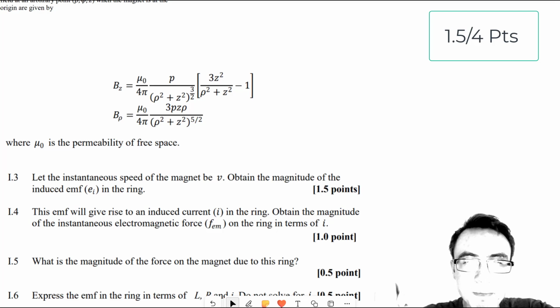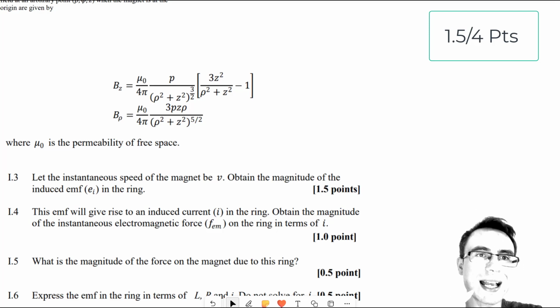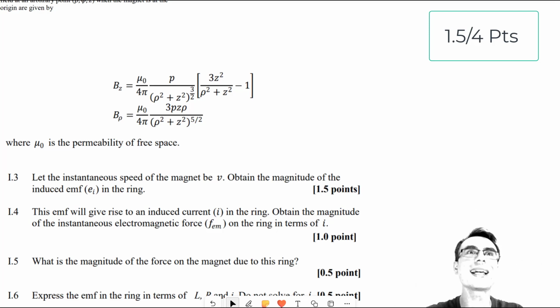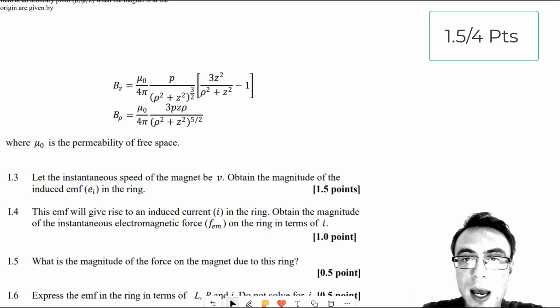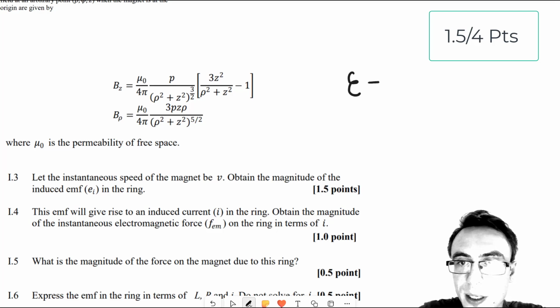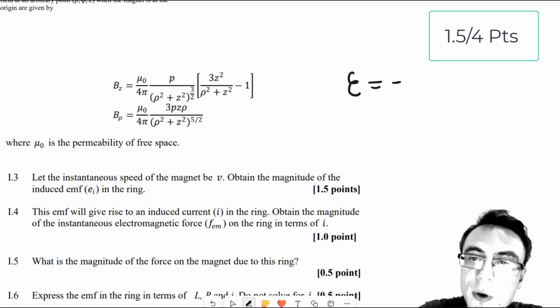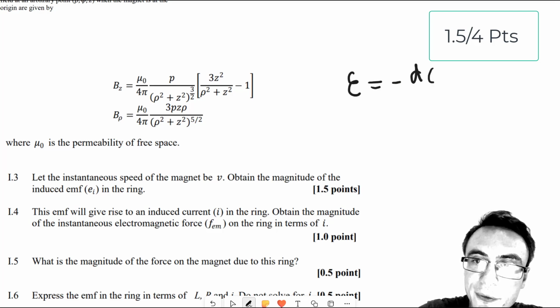ring. Okay, well, in order to obtain the magnitude of the induced EMF, we have to use Faraday's law. Faraday's law actually has a couple of forms, and this is why this competition is just so incredibly hard, because even knowing the second way of formulating Faraday's law is something that I've only learned at university. First of all, we all know that the induced EMF is given by the negative rate of change of magnetic flux, d phi by dt.